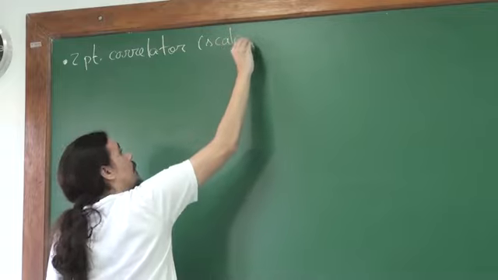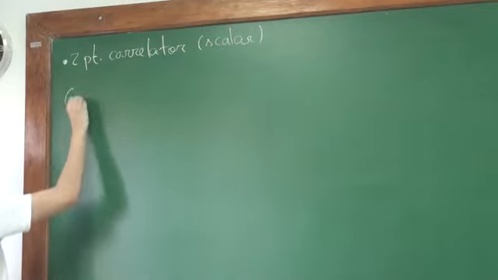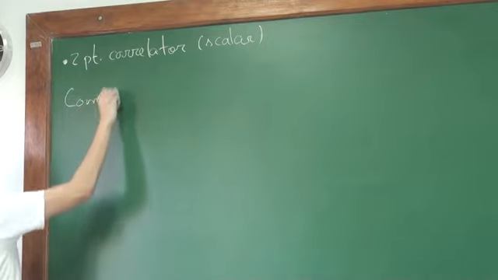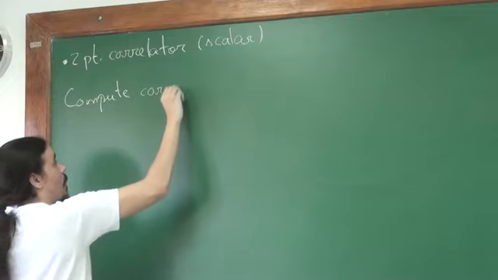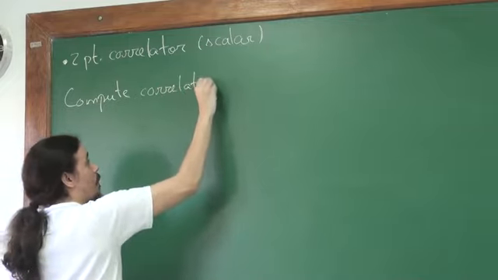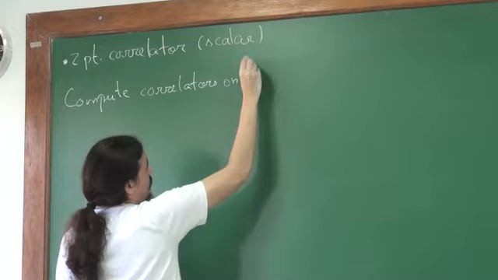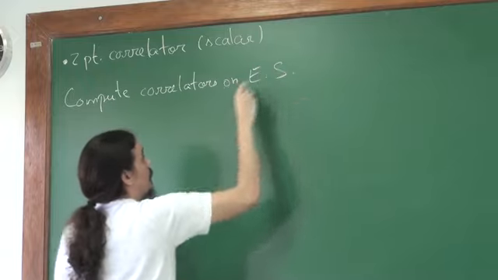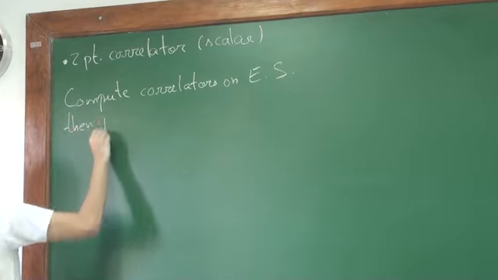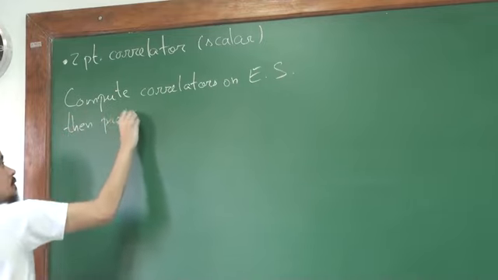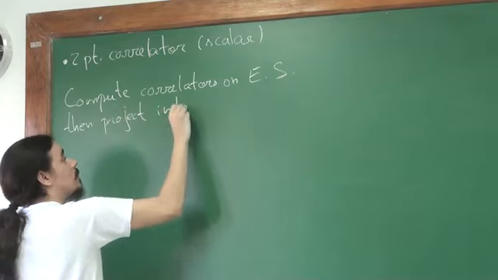Scalar. Okay. The idea is to compute correlators on embedding space, or just, since I already used it, on embedding space, and project into physical space.